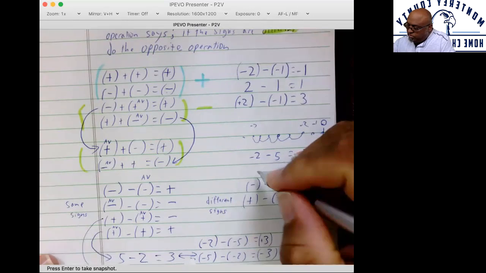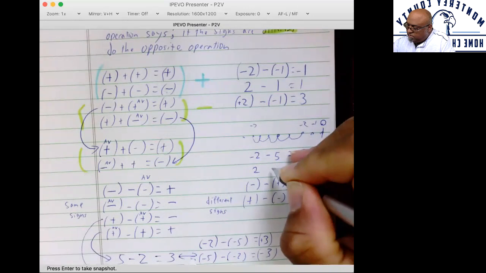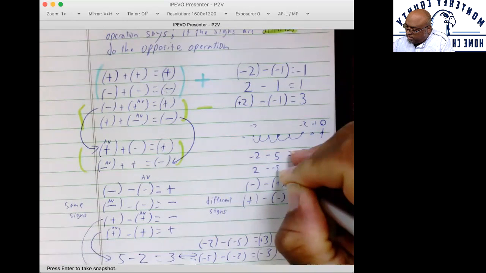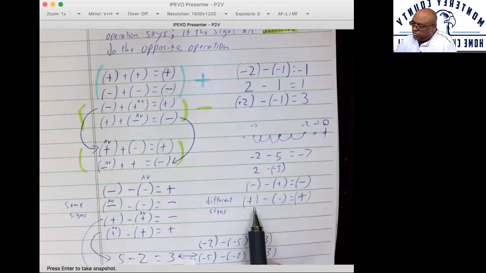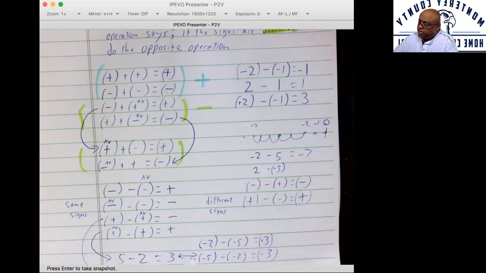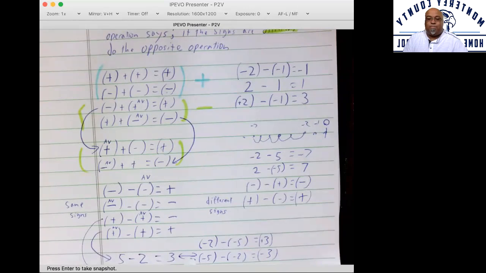Now, positive 2 minus negative 5. I'm going to do one for this one. Positive minus negative, we said the answer is always positive. So positive 2 minus negative 5 is positive 7.